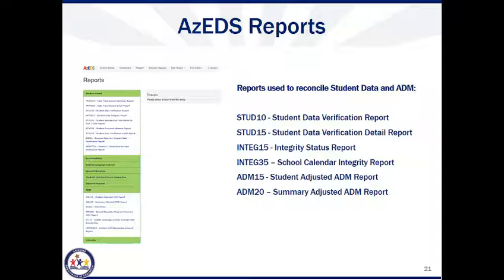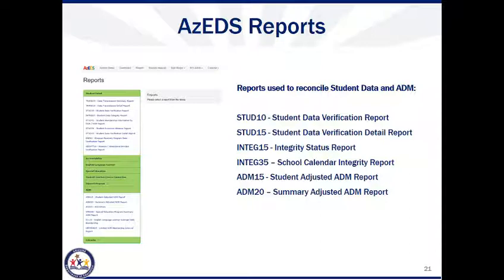The reports that are listed here are reports that I would use to reconcile student data and ADM. Understanding the process helps you understand which reports you should be looking at. If the student didn't land in AzEDS, they wouldn't show on the STED 10. If they did show on the STED 10 but are failing the integrity process, they would show on the intake 15.